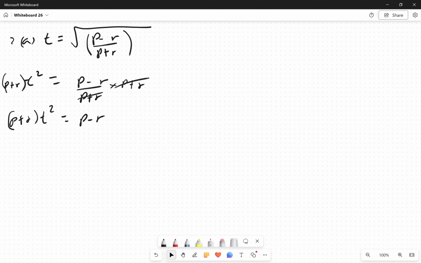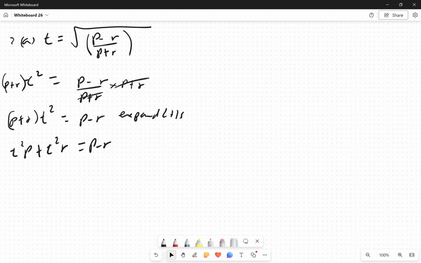p minus r. We expand the left-hand side. So you can say distribute, expand the left-hand side. If we do that, we're going to have t squared p or p t squared, whichever way you want it, plus t squared r is equal to p minus r.